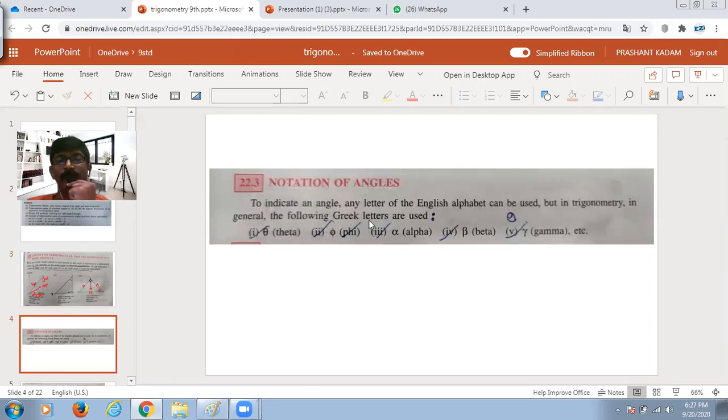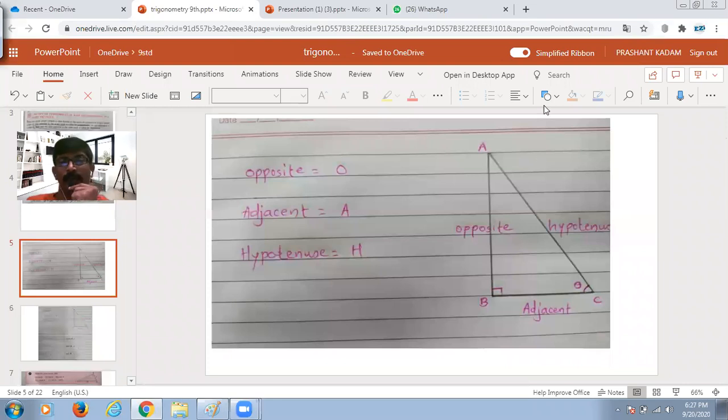They use these Greek letters for variables, meaning the angles which are going to keep changing. Now, suppose this is a right angle triangle ABC, then this is called the opposite side of this theta. This is called the adjacent side of this theta, and this is called hypotenuse, which we just wrote down in our book, isn't it?